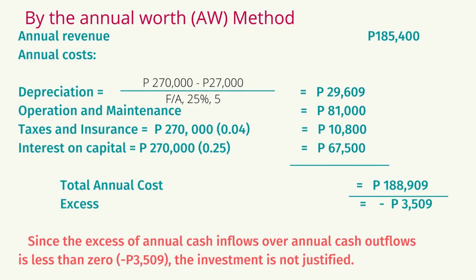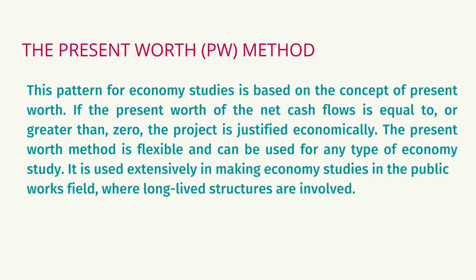The total annual cost is 188,909, and that is 3,509 pesos in excess of the annual revenue. Since the excess of annual cash inflows over annual cash outflows is less than zero or negative, the investment is not justified.